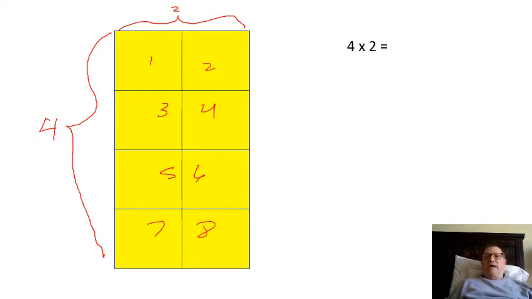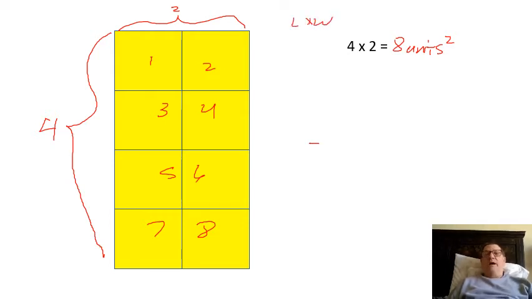It took 8 tiles to cover that area. And we can see that 4 times 2 equals 8 units squared. Squared because of 2 dimensions, the length times the width that we've multiplied to get it. Now those were whole numbers. Let's see what happens when we do fractional side units.